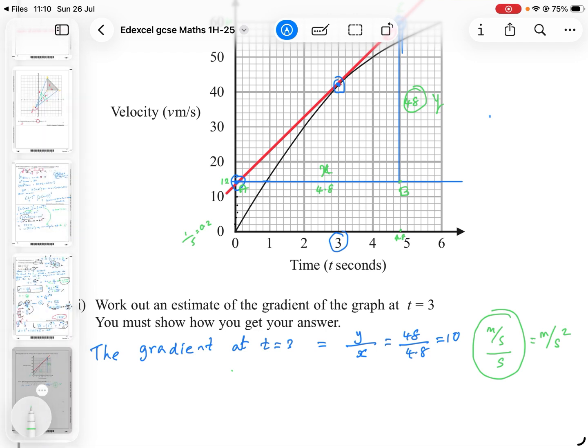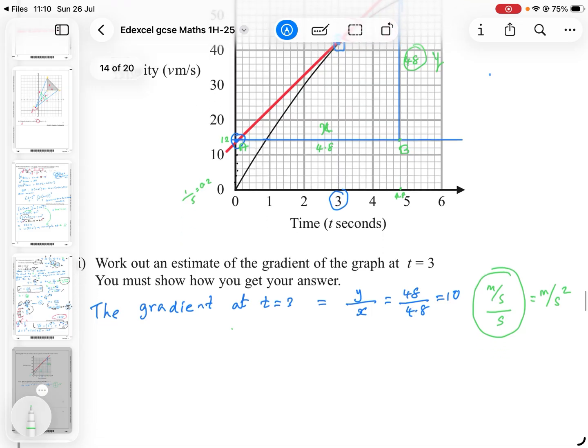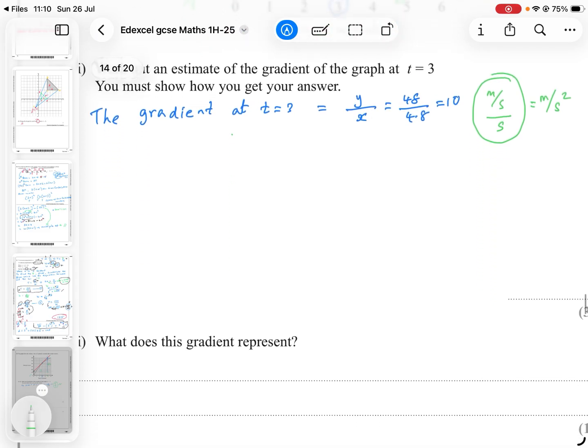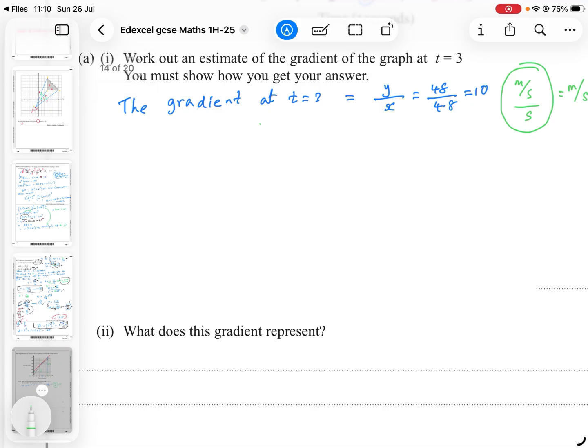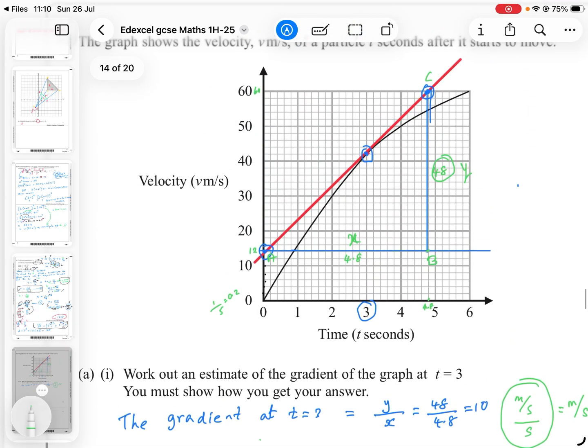Now, second part, B part, (ii). What does this gradient represent? When you look at your y-axis, velocity in meter per second. In your x-axis, time in seconds. So velocity divided by time is acceleration.